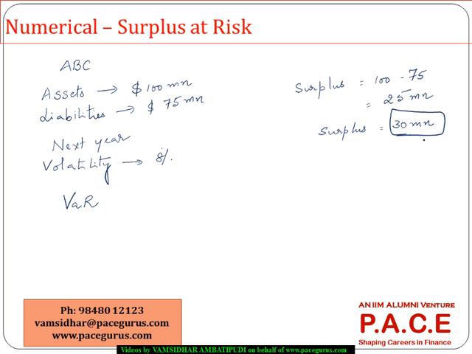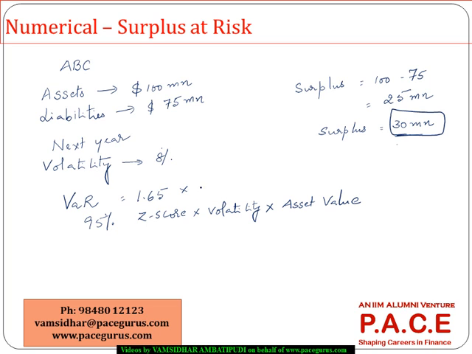Okay, on one side I am expecting that the surplus will become 30 million, but the value at risk for this position, if I am assuming a 95% confidence level, is 1.65, which is the Z score, times volatility times your assets value or portfolio value.